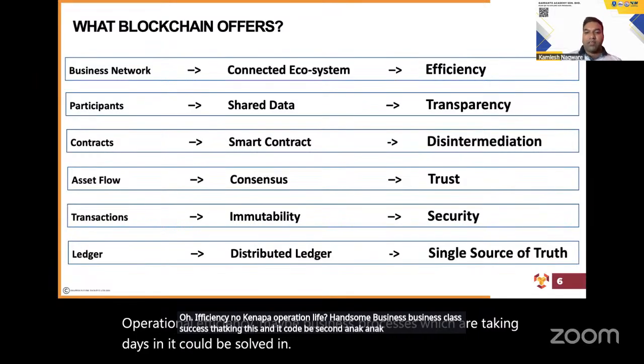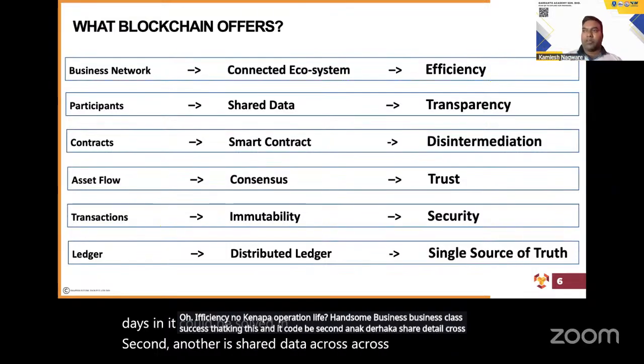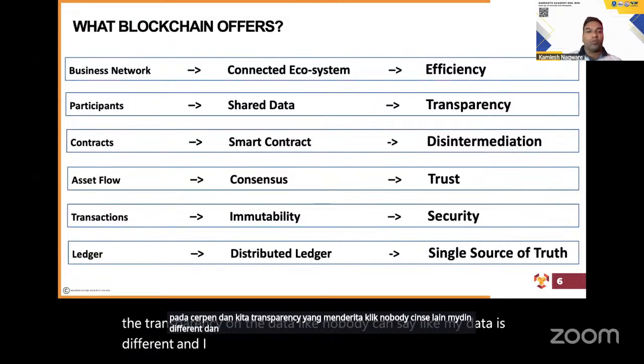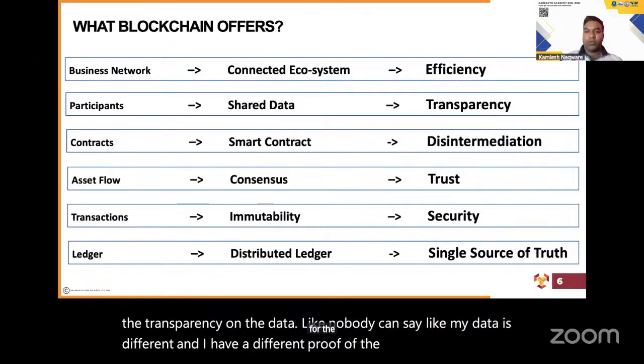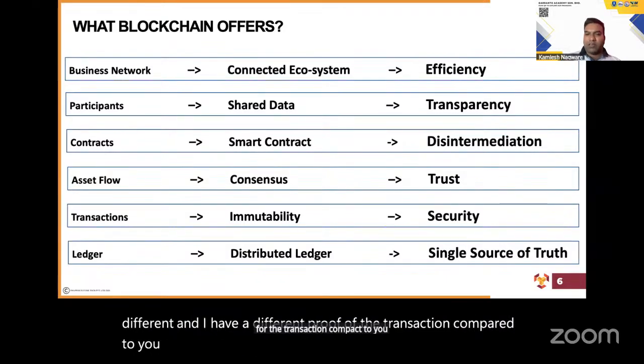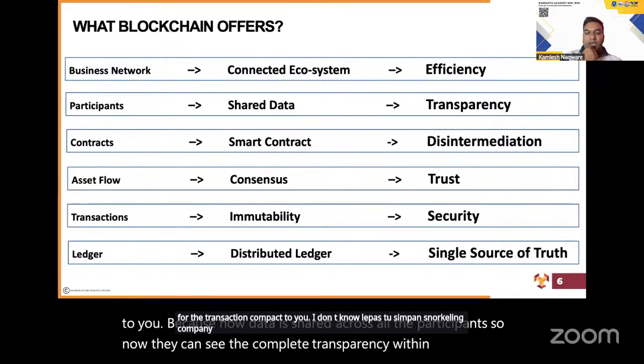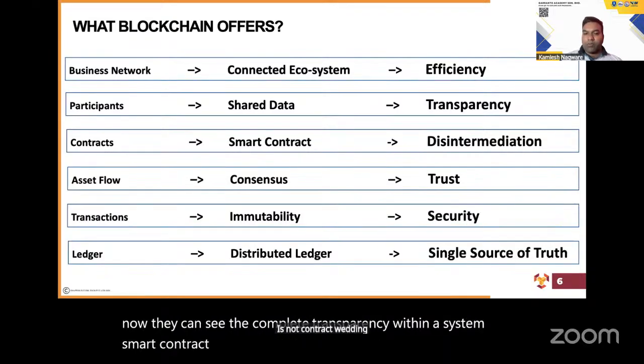Another is shared data across participants. That gives transparency on the data. Nobody can say my data is different and I have a different proof of the transaction compared to you, because now data is shared across all the participants. So they can see complete transparency within a system. A smart contract is where you can write all your business terms and conditions, and they execute automatically.